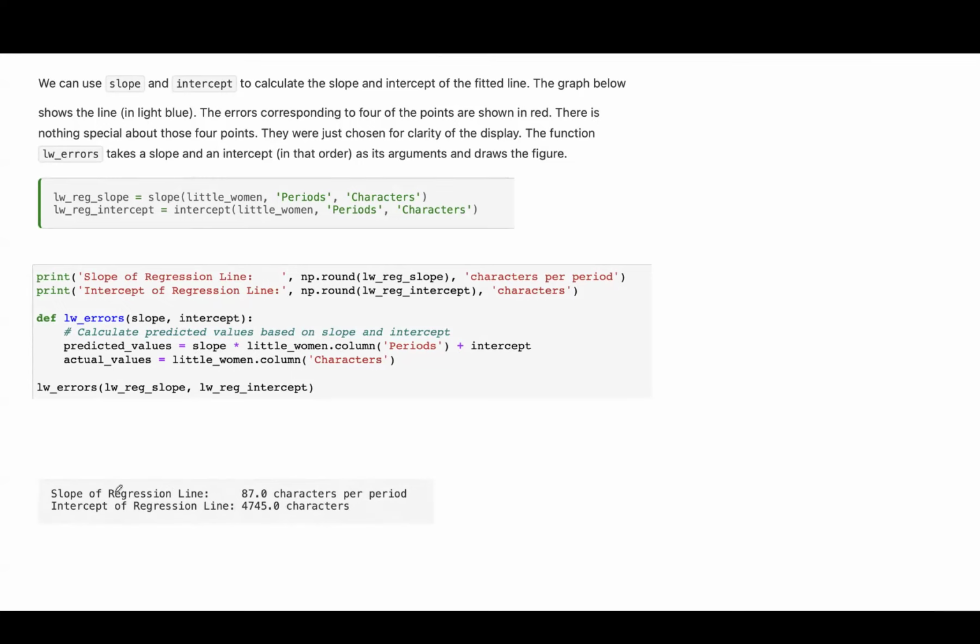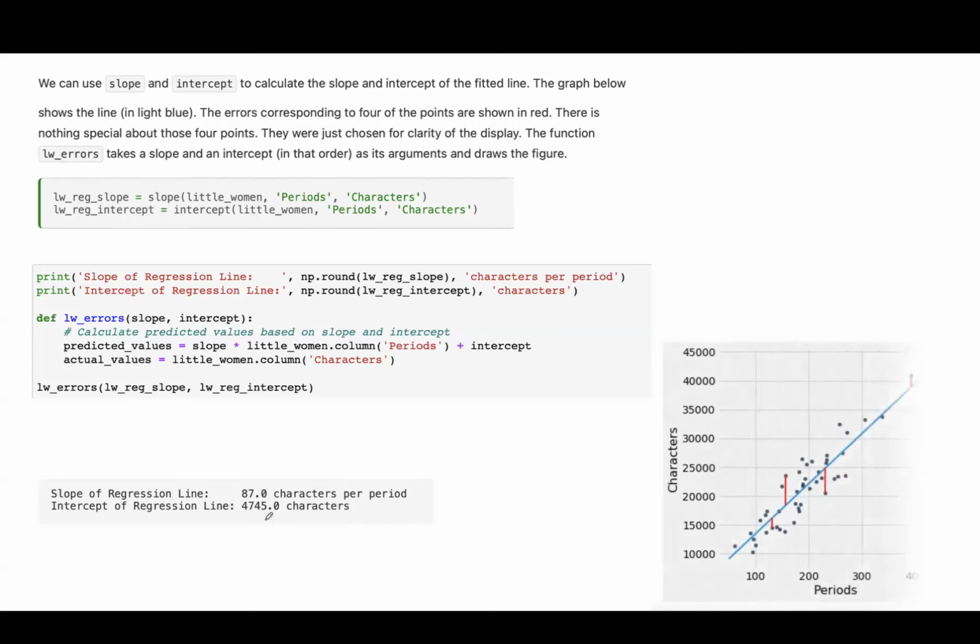So it happens that the slope of the regression line is 87 with a y-intercept of 4,745 characters. Okay. We can also take a look at the regression line, or in this case, the predicted line, with some of the residuals. Again, there's nothing special about these lines, just for the sake of understanding the behavior of the residuals.